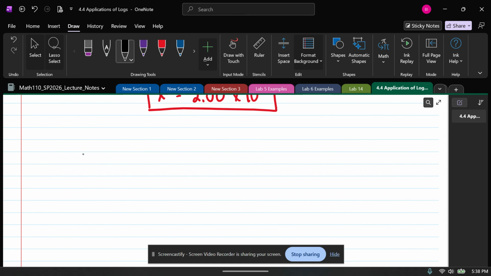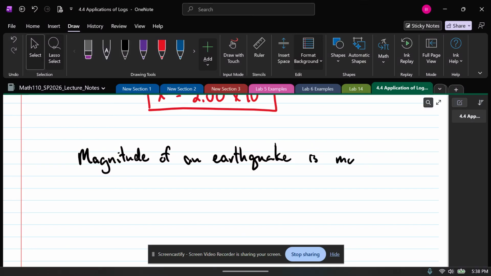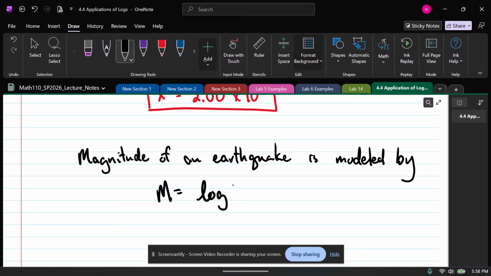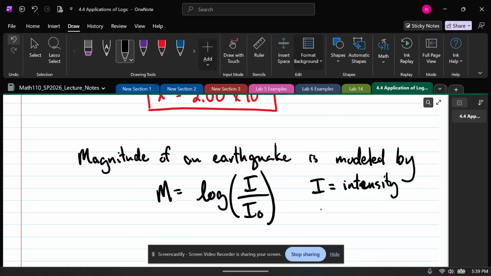So the magnitude of an earthquake is modeled by M equals log of I over I sub 0, where I equals the intensity and I sub 0 is the reference intensity.